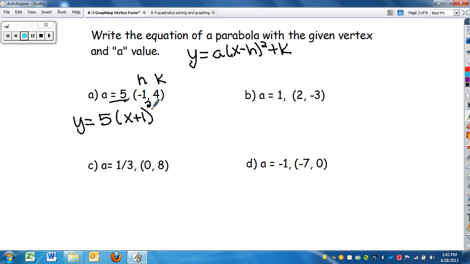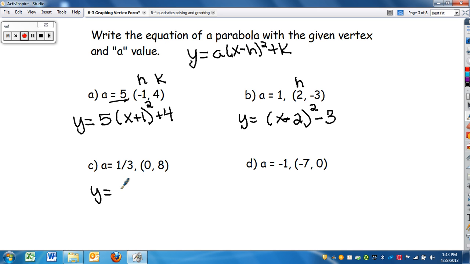And then don't forget your squared, plus 4. For b, y equals, a is 1, so we actually don't need it. If you don't see anything out front, that means a is 1. My h is 2, so we do the opposite, which is x minus 2, squared, minus 3.